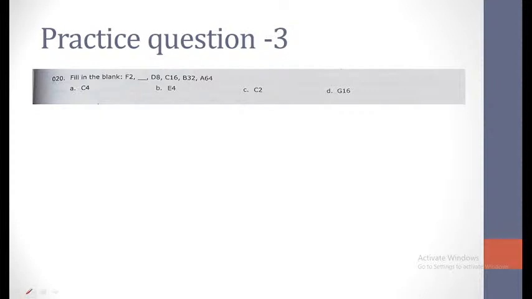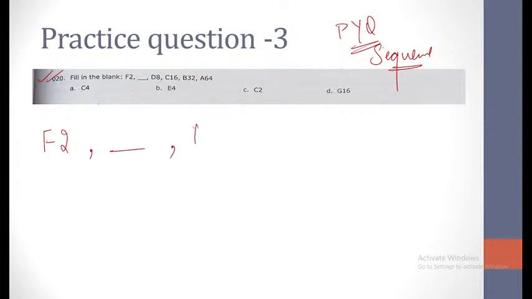Now see question 3. This is what the question is all about. Again, a previous year question, and the question is dependent upon the sequence. Very, very simple. The question says that you have F2, then a blank, then you have D8, C16, B32 and A64.